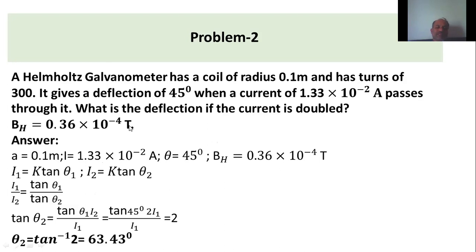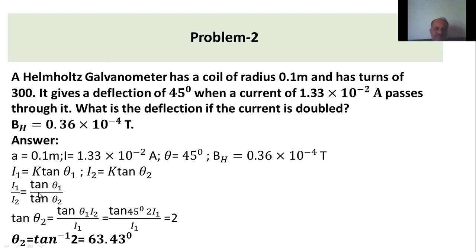Problem 2, again the values are given. Now when there is a second current flowing in the circuit, what happens to the deflection is asked. So this equation is used: I1 = K tan θ1 and I2 = K tan θ2.